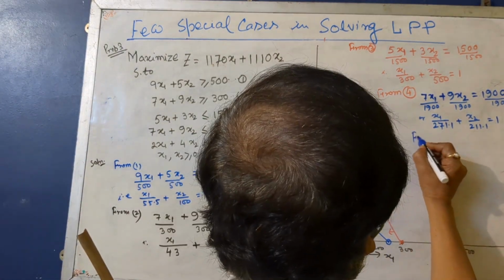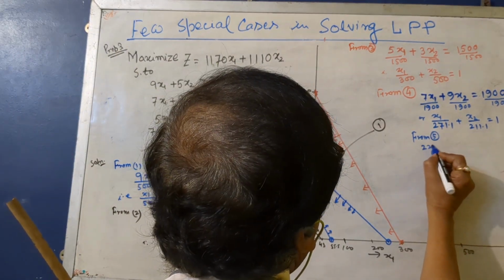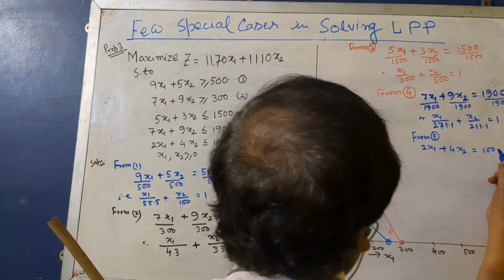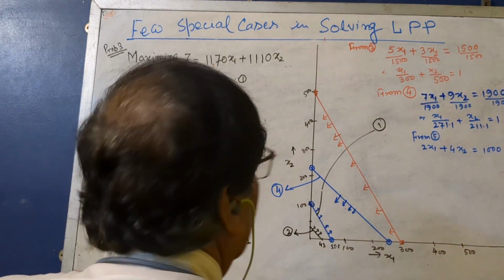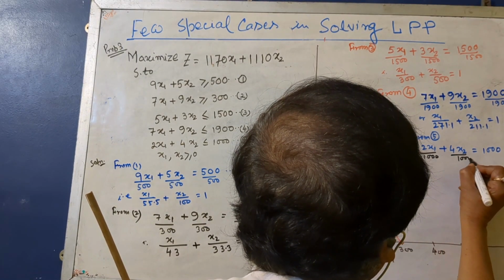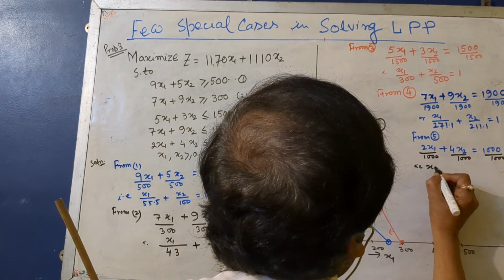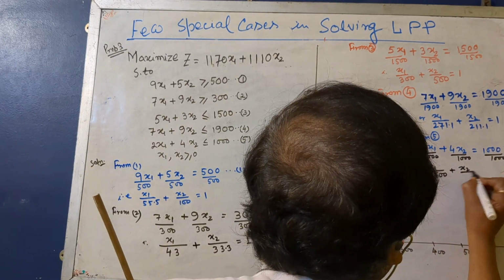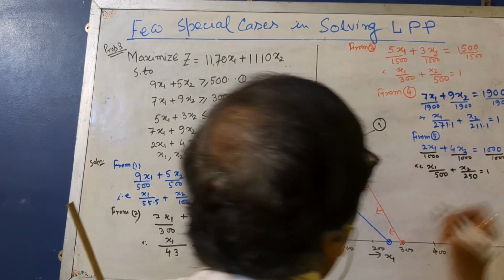And last is from 5. The criteria from 5 is 2x1 plus 4x2 is equal to 1000. Dividing by 1000, that is x1 divided by 500 plus x2 divided by 250 is equal to 1.